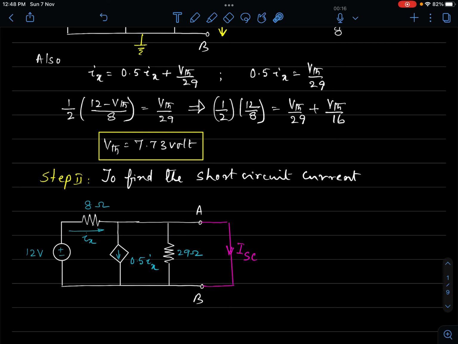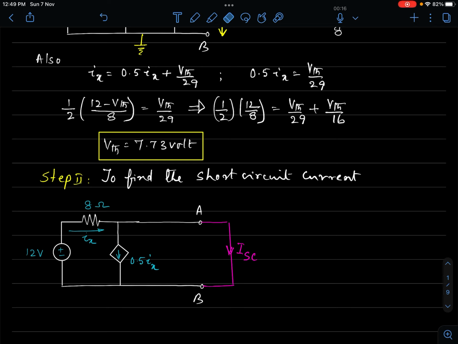Obviously no, because this path offers 29 ohms, whereas this path offers 0 ohms. So whatever current gets into the terminal would bypass the 29 ohm. The current will not flow through it because you placed a short across it. It is as good as the 29 ohm not being there, so we can conveniently remove it, as if having an open circuit like this. This is going to be the situation now.